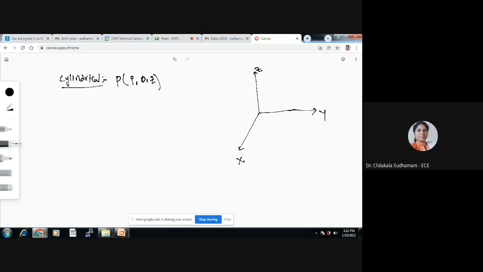And phi is used to measure the angle, the azimuthal angle, meaning in what direction. This represents the phi value. And rho is along this direction, and z is along the axis. Now if you consider the cylindrical coordinate system and the rectangular coordinate system, I am going to represent here a cylinder shape. For example, like this I am considering.